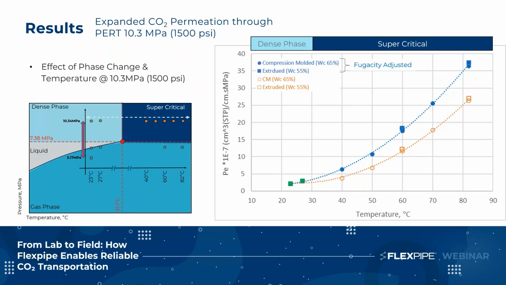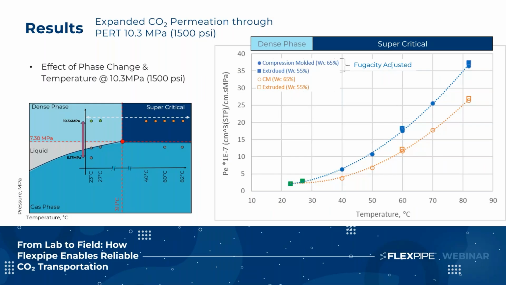The effect of fugacity is shown by comparing the fugacity adjusted curve, which is in blue, to the orange colored data, which doesn't account for the fugacity of pressure. It highlights the underestimation of permeation rates if the fugacity of pressure is not considered while reporting the properties.